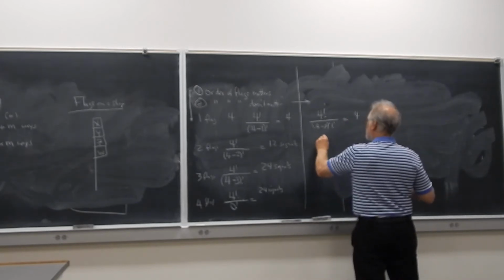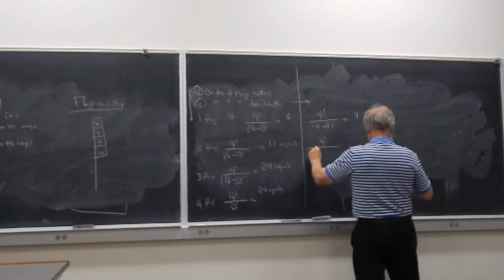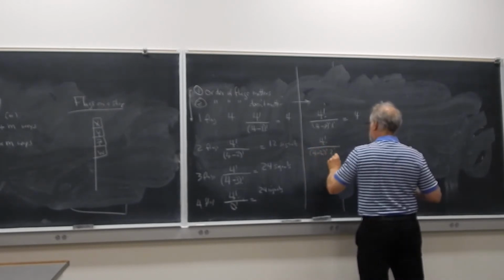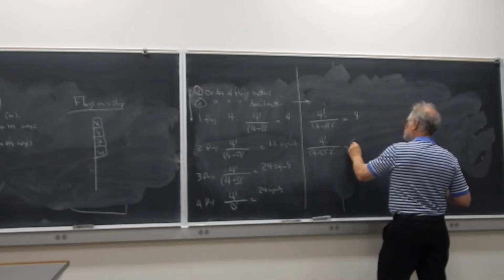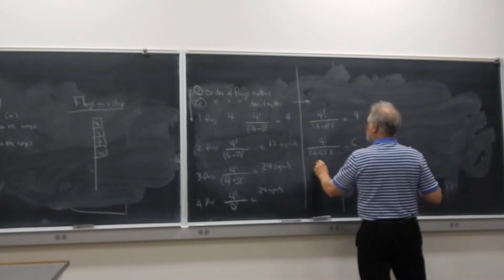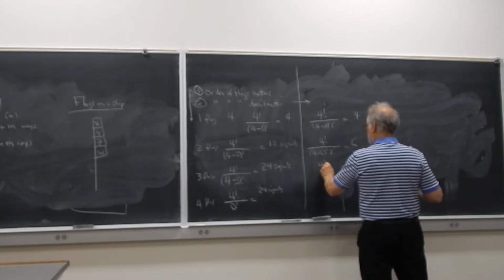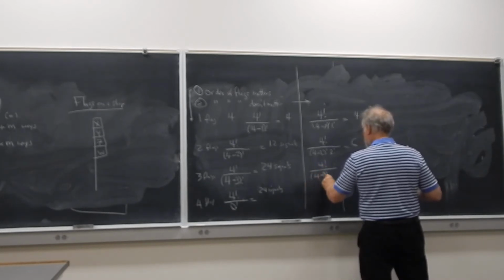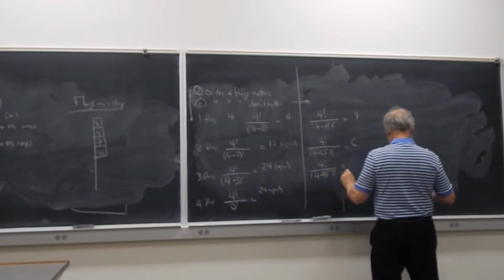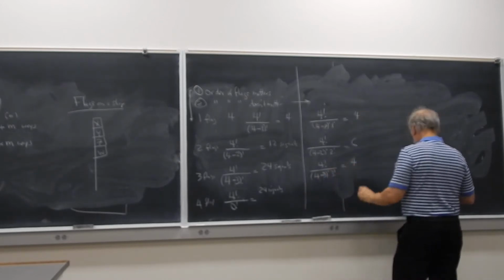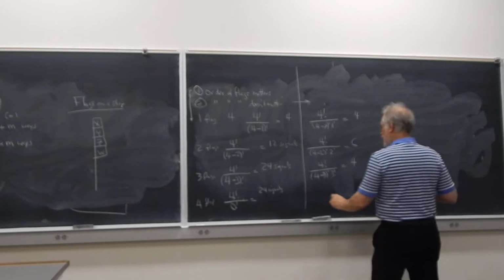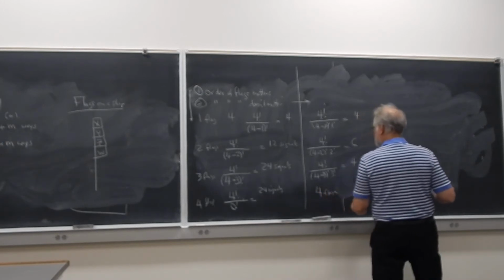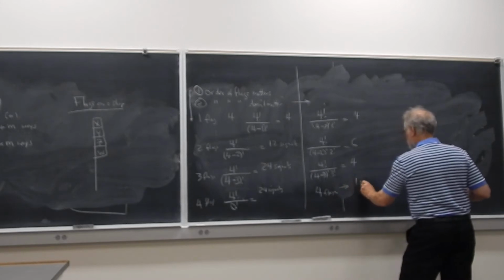If I have 2 flags, I have 4 factorial over 4 minus 2 factorial times 2 factorial, or 6 signals. With 3 flags, I have 4 factorial over 4 minus 3 factorial times 3 factorial, or 4 signals. And if I have 4 flags, of course, I can only send 1 signal.